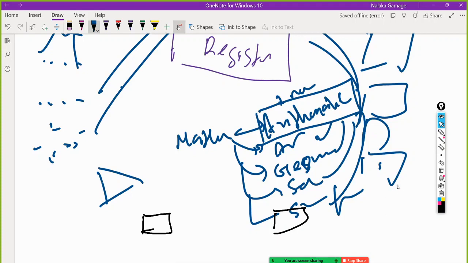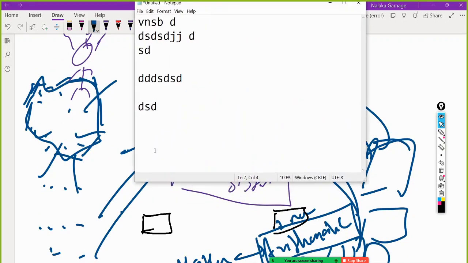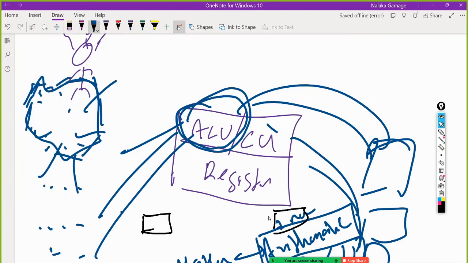Now you can see that it is doing arithmetic things, it is doing logical things. So your data is something like this, and it applies some arithmetic and logical things, and it becomes something like this, right?